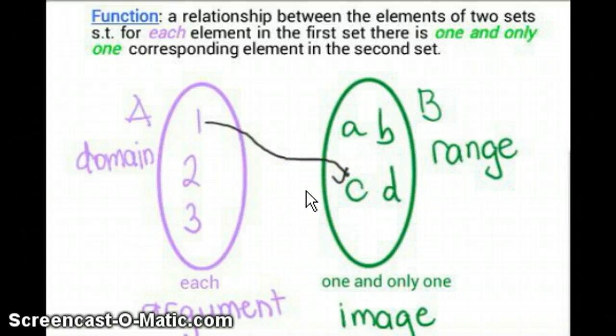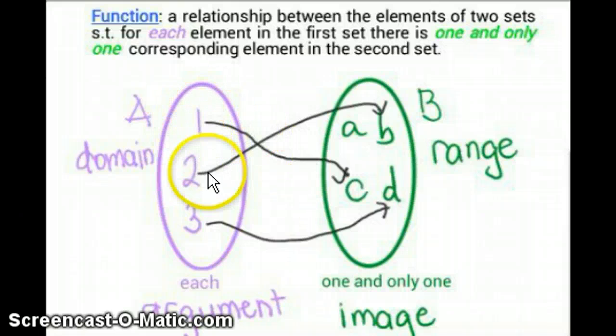So let's say for 2 the corresponding element is B, and for 3 the corresponding element is D. So now we have a function because each argument, 1, 2, 3, has a corresponding image, one and only one, not more than one. Okay, so the corresponding image for 1 is C, the corresponding image for 2 is B, the corresponding image for 3 is D.